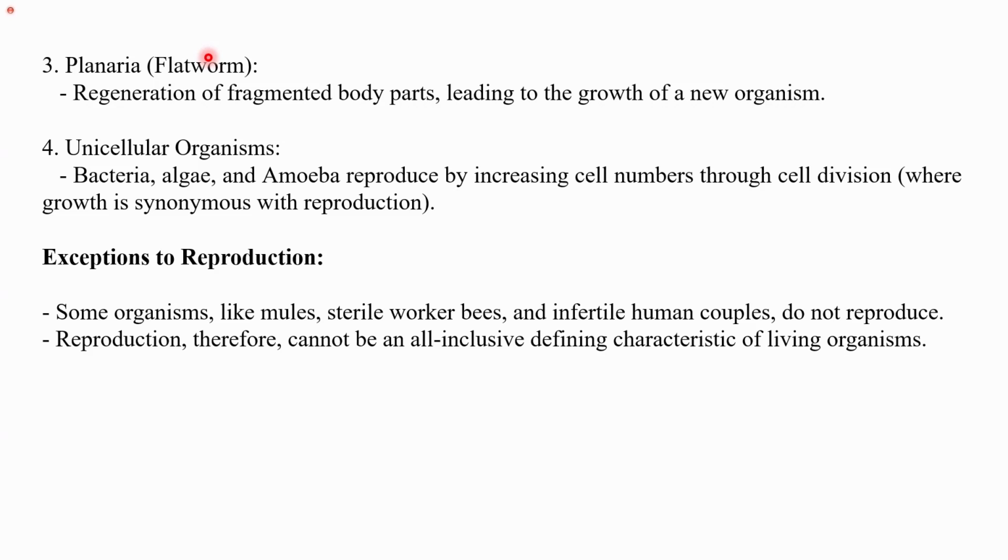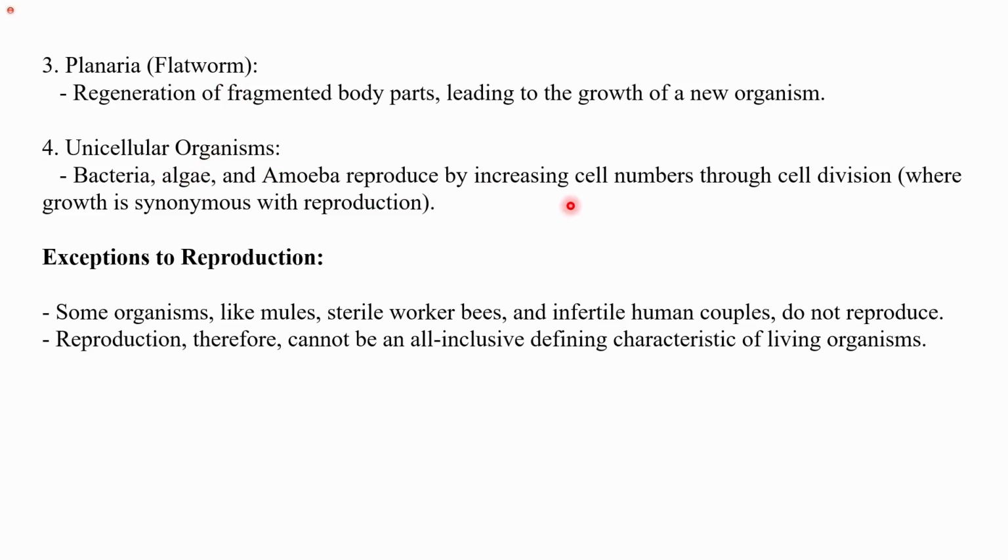This was about multicellular organisms, where in most cases sexual reproduction predominates, while sometimes asexual reproduction also exists. In unicellular organisms like bacteria, algae and amoeba, they reproduce by increasing cell numbers through cell division.